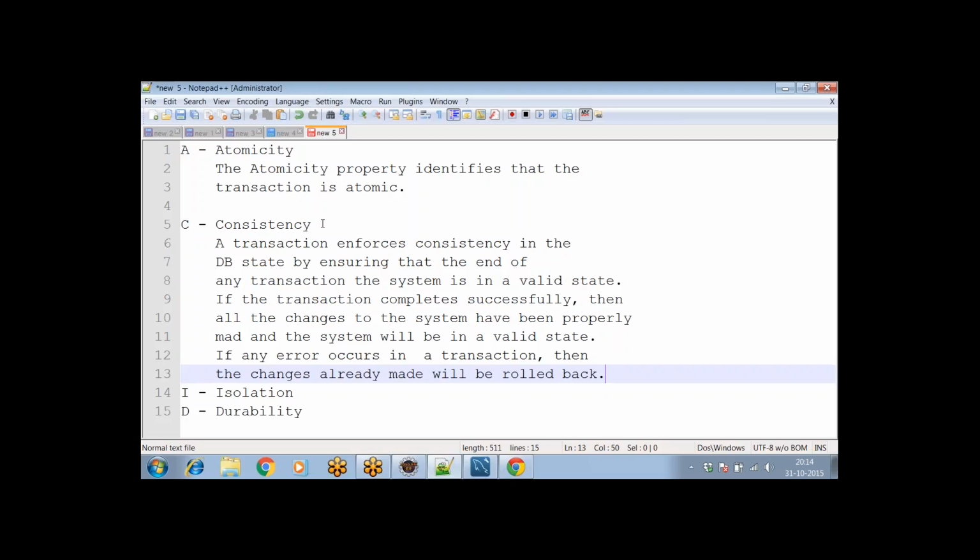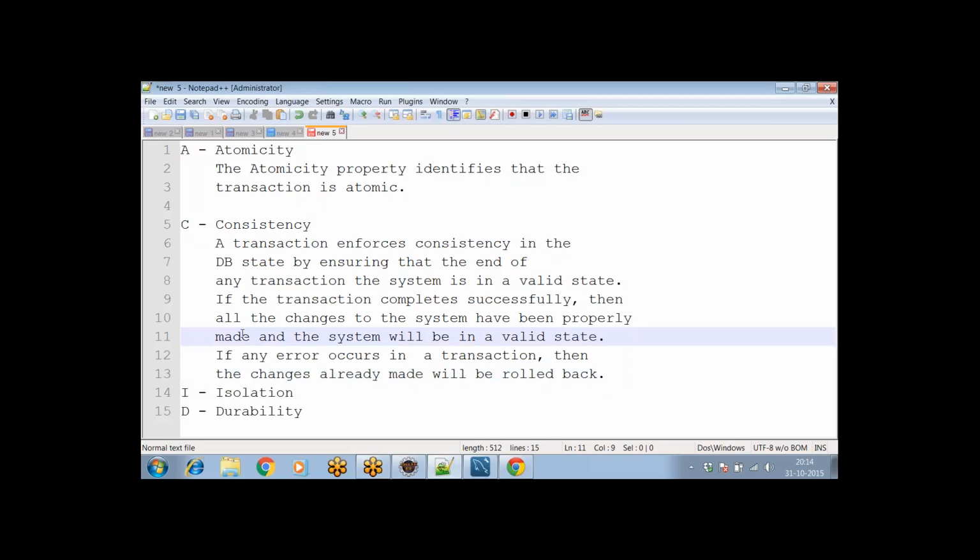If a transaction operates on that system, and if it successfully completes the execution, then all the changes to the system have been properly made.